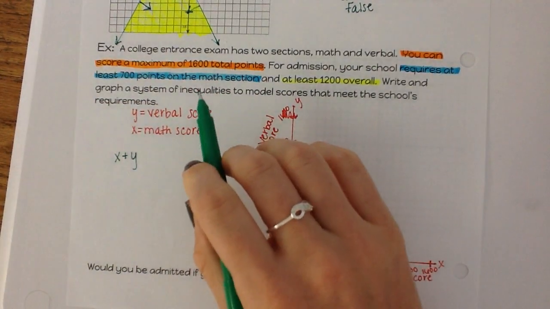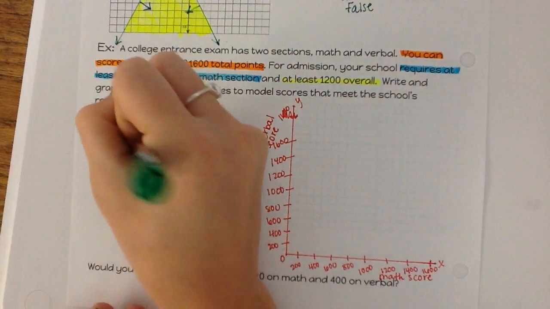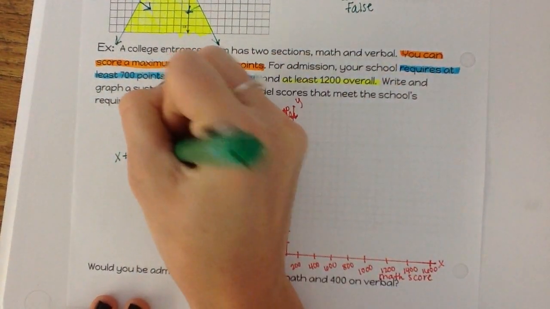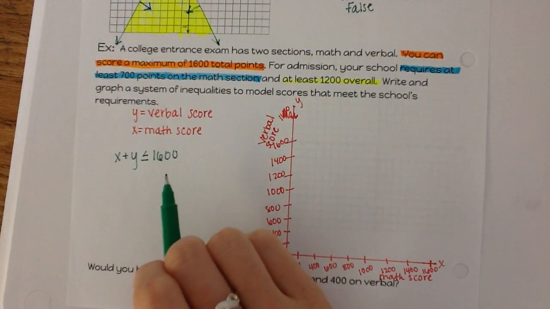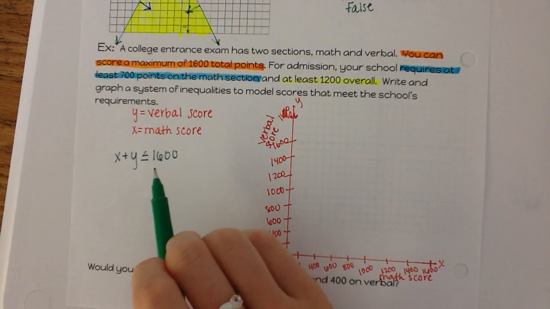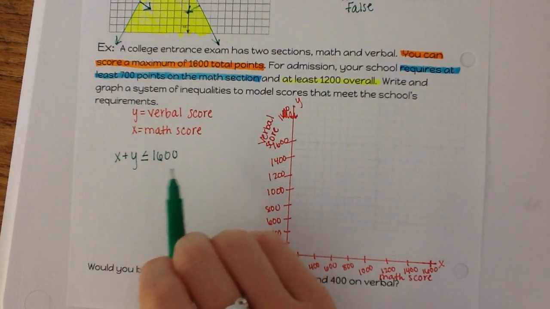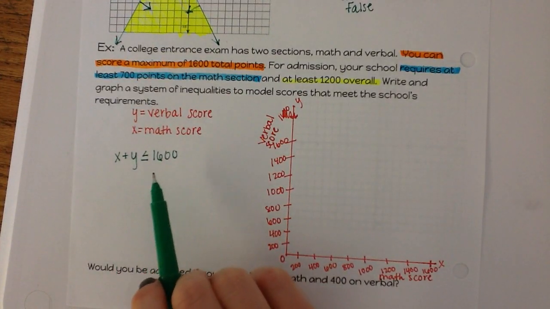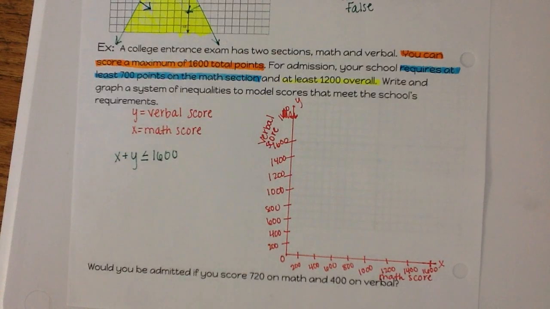And if the maximum is 1,600, we are going to be less than or equal to that. We're going to be less than because we can't go over 1,600, but you can be equal to because if this is the max score, someone can score the max score. So we have x plus y is less than or equal to 1,600. That is our first inequality.